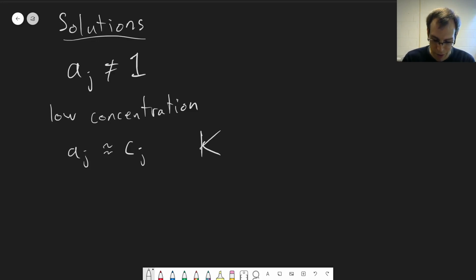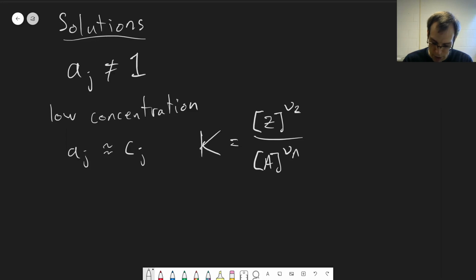So your K value would have the concentration of a component Z raised to the nu Z, say that was one of your products, and one of your reactants, A, was also present as a dissolved species in solution. You just use the molarity, and your standard state, your A naught, is equal to a 1 mole per liter solution.